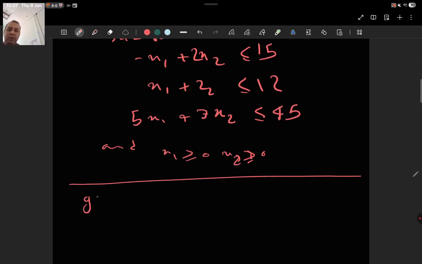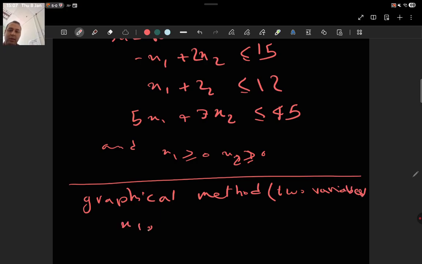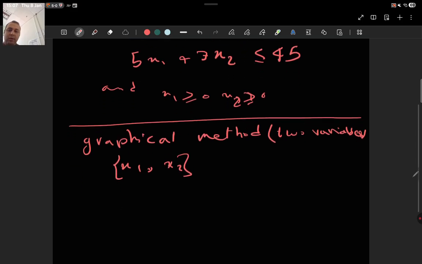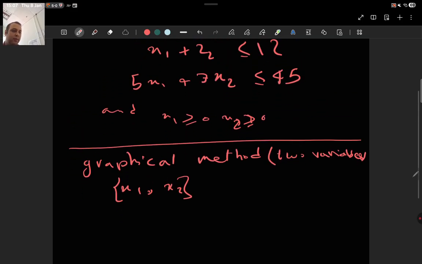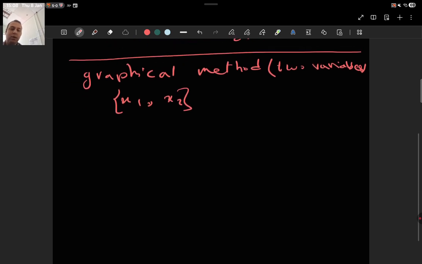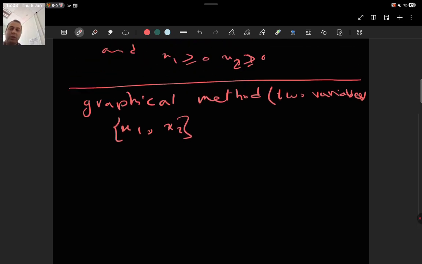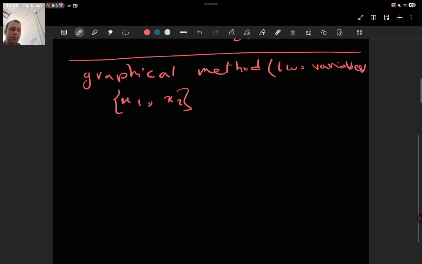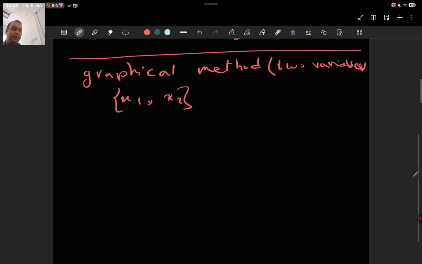We have to use the graphical method, because we have two variables, x1 and x2. Okay, first we have to change inequality to equality. What we have to do is make a graph, right?